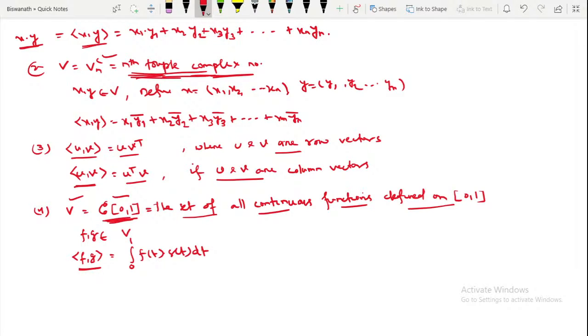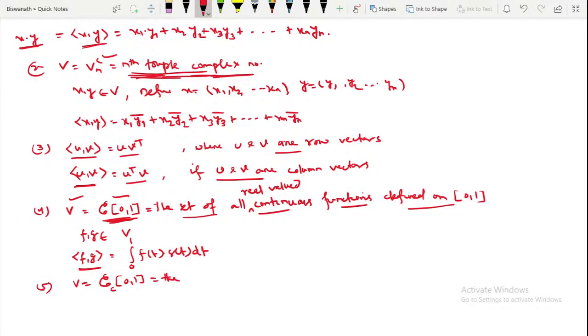That is the set of all real valued continuous functions defined on closed [0,1]. Similarly, if my V is script C[0,1] with a subscript C, that stands for complex number.